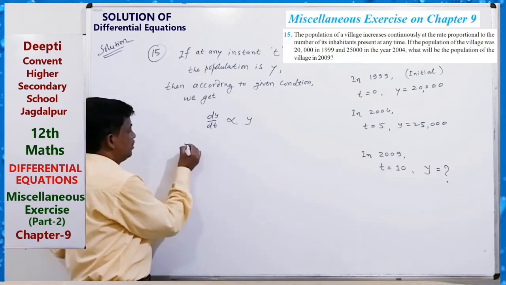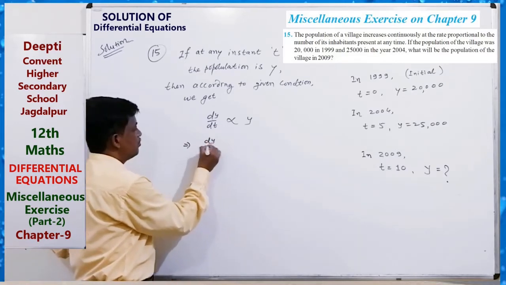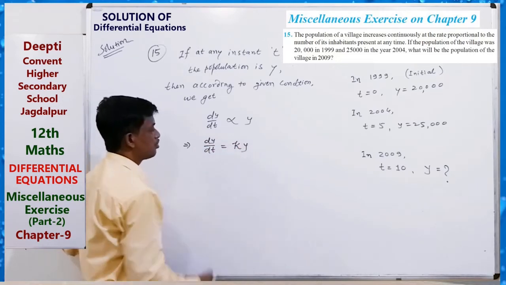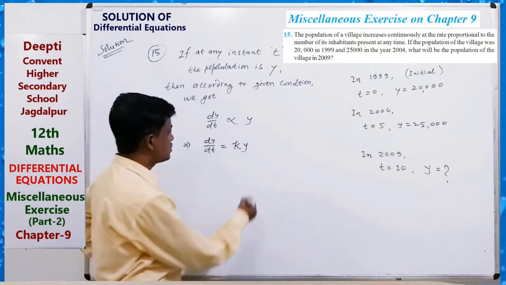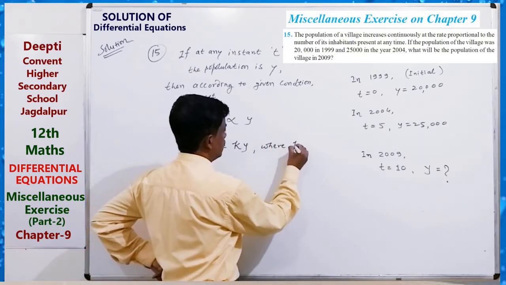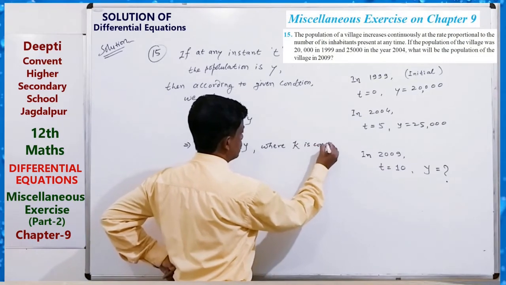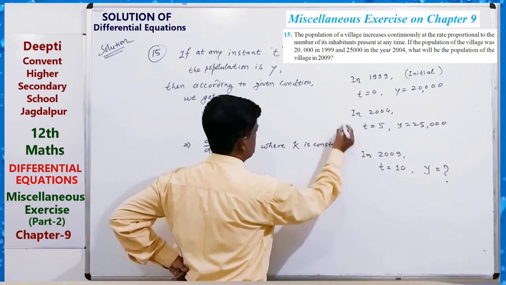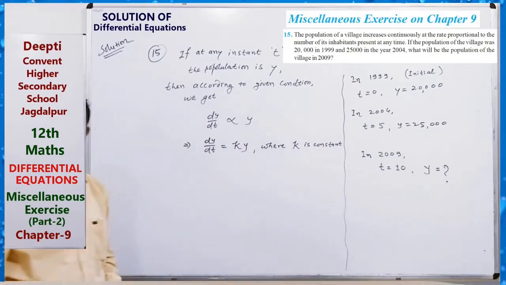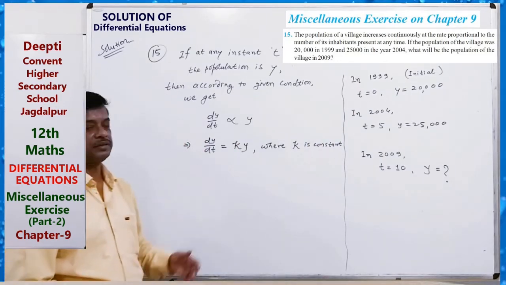So this implies dy upon dt equals k y, where k is the constant of proportionality. Clear? Now we have to solve it.